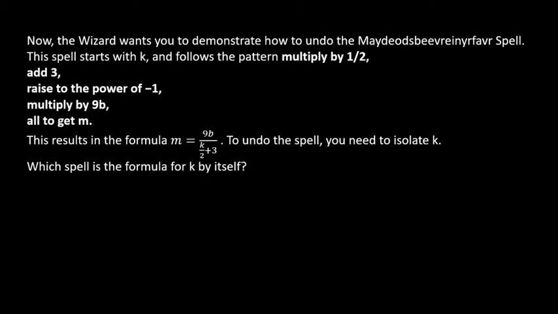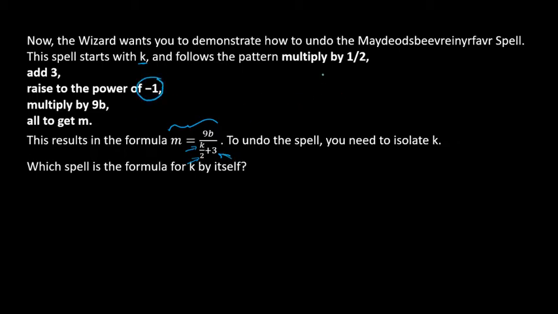Okay, so let's take a look at this spell. This is the one that appears in your project, m equals 9b over k over 2 plus 3. So notice it said this spell started with k, divided by 2, or multiplied by 1/2, same thing, add 3, raised to the power of negative 1.